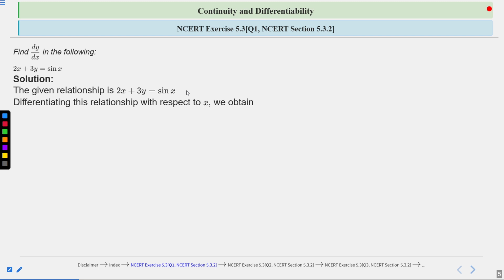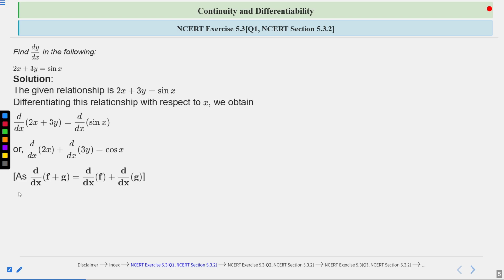Differentiating this relationship with respect to x, we obtain d/dx of (2x plus 3y) equal to d/dx of sine x, right? Or it will be equivalent to d/dx of 2x plus d/dx of 3y, and it is equal to cos x.